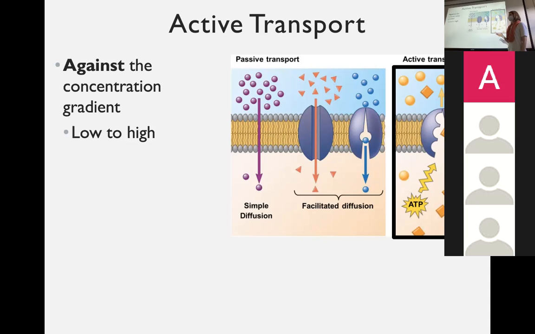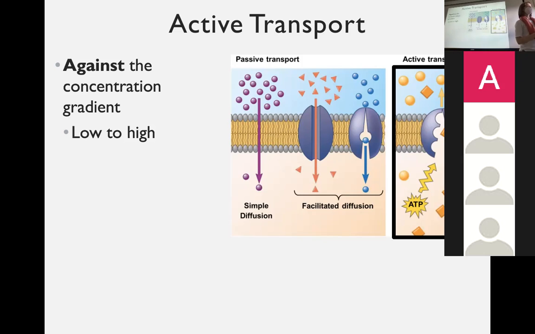Active transport, as you might imagine, now we're going to go the opposite of what particles naturally want to do. So we are going to move particles against or up the concentration gradient. So they're going to move from areas of low concentration of themselves to areas of high concentration. And that's why we need energy, because they're not just going to do it naturally.